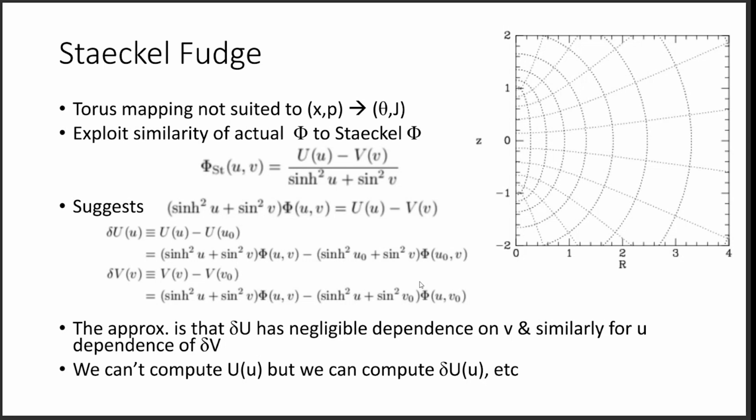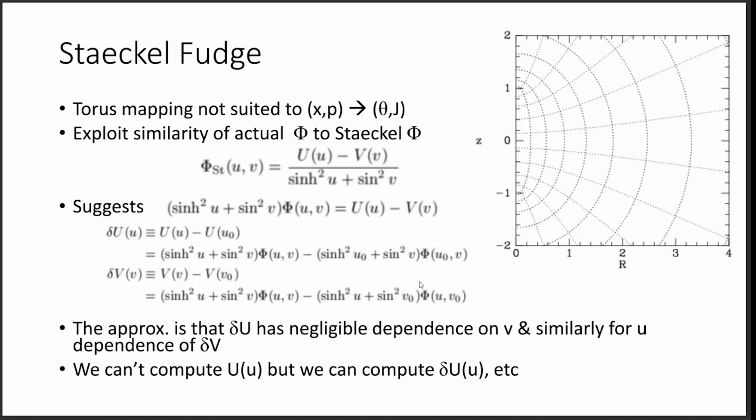Okay, so a Stäckel potential in terms of these coordinates is of this form. It has two free functions, U of u and V of v. And on the bottom, there has to be this weird combination of sine squared u and sine squared v. Right. So supposing my real potential could be approximated by this.